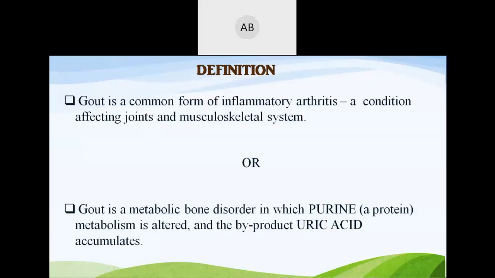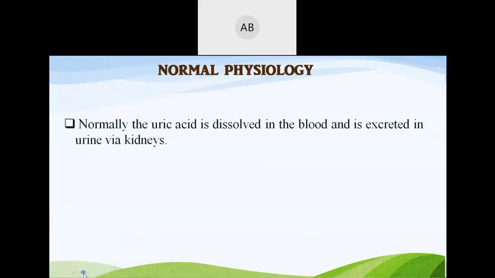And here there is a problem with purine metabolism. Purine is a type of protein that is present. So because of the altered protein metabolism, that is purine metabolism, usually the uric acid will start to accumulate in the body. In normal physiology, whether it is urea, creatinine, or uric acid, all of this is excreted through the urine, isn't it?